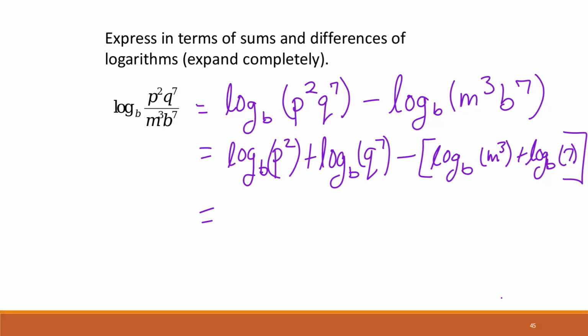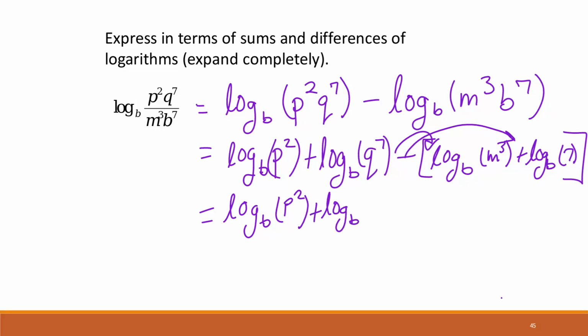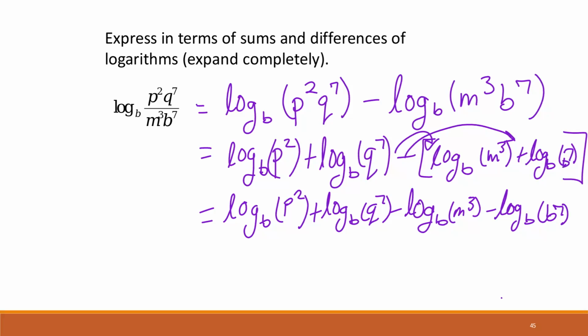So we can distribute that negative to where it's in both terms here. So that's log b of p squared plus log b of q to the 7th minus log b of m to the 3rd minus log b of b to the 7th. I lost my b up there.